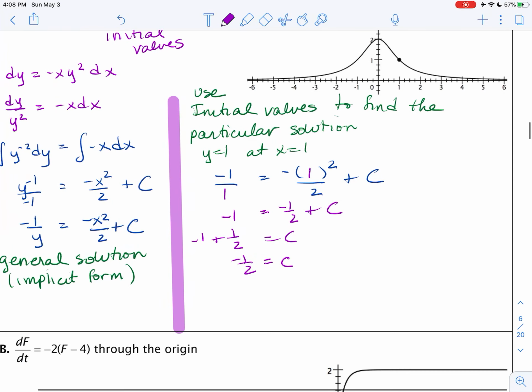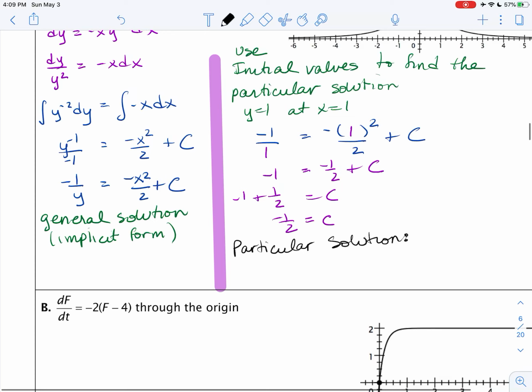So my particular solution is going to be the general solution, minus 1 over y equal to negative x squared over 2, but now I'm going to replace the c with minus 1/2.